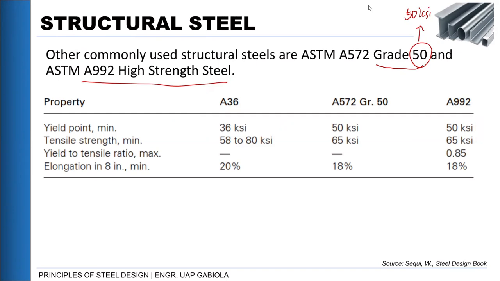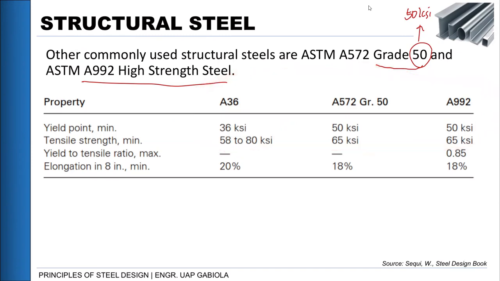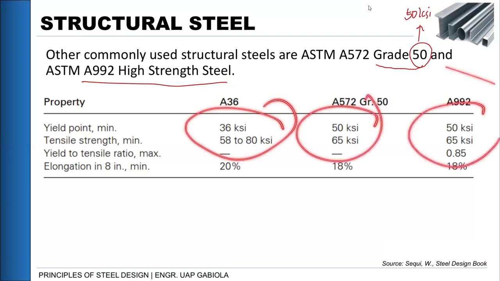So these three materials again will be the main materials, the type of steel material that we will be using all throughout this course. So I would suggest for you to remember the values of their yield stress and tensile stress. So remember these values, and these values.